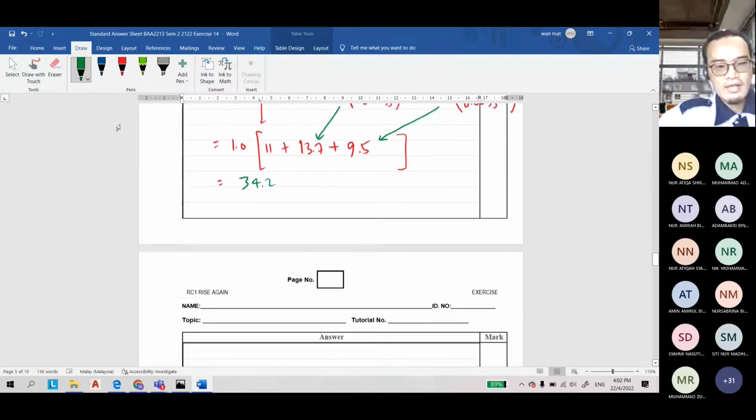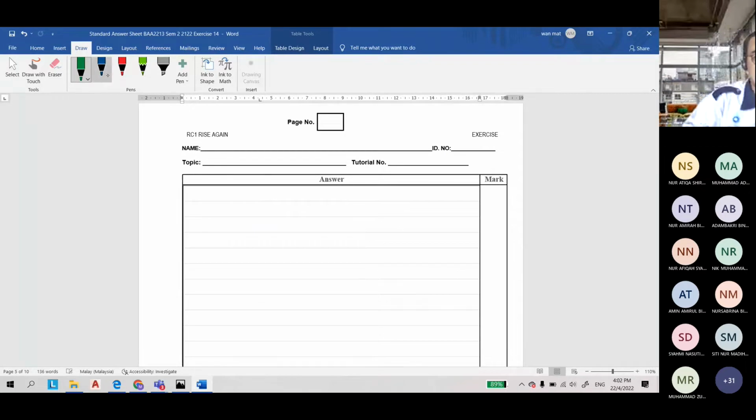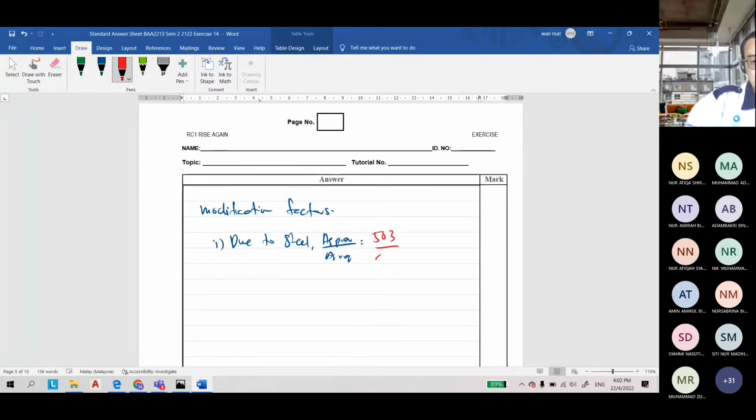Thank you. And then, as usual, it has to be multiplied by the modification factors. First, due to steel, this is simple. AS provided divided by AS required is equal to 503 divided by 560. And then second one is due to flange.